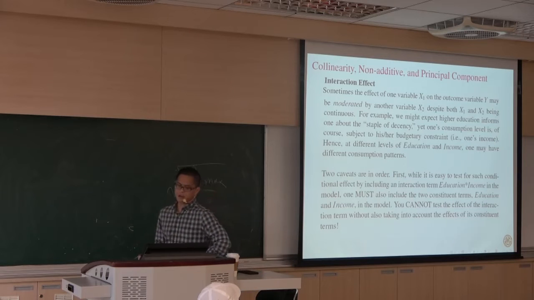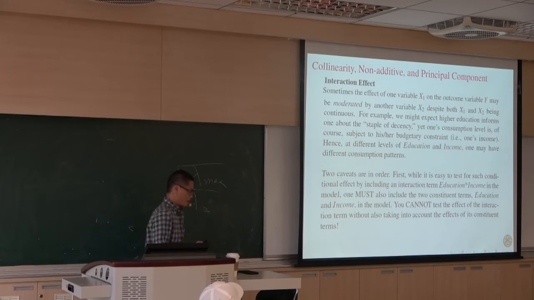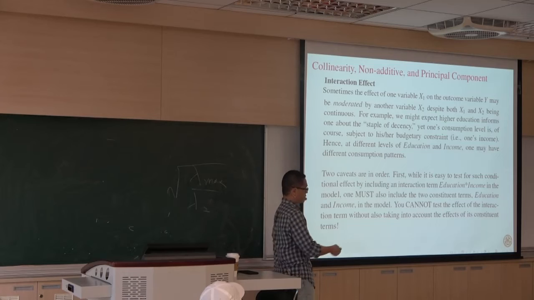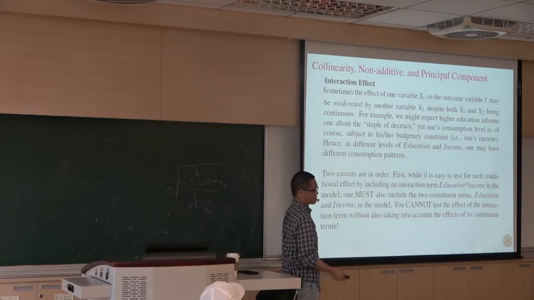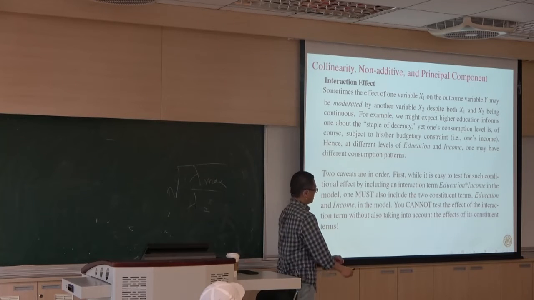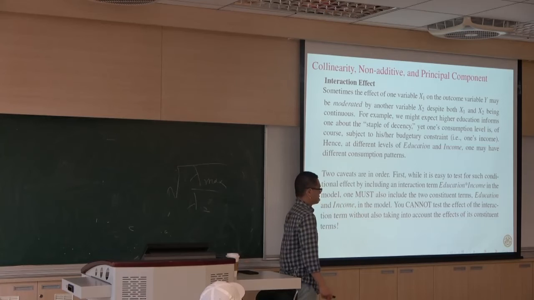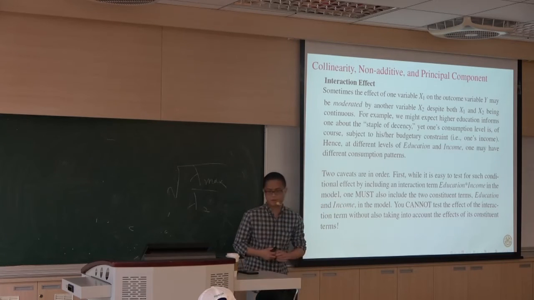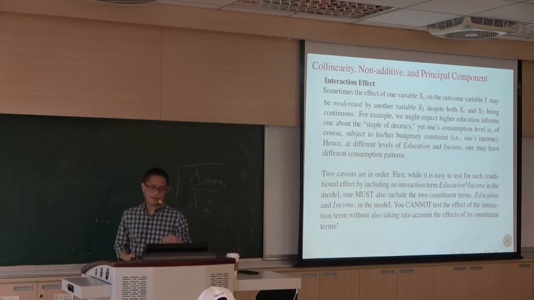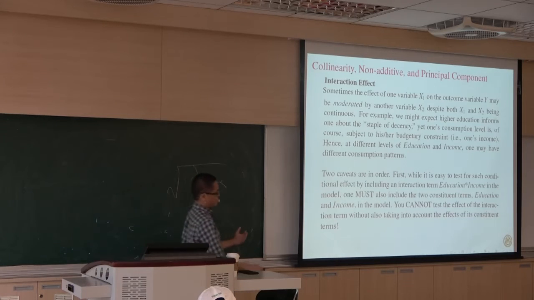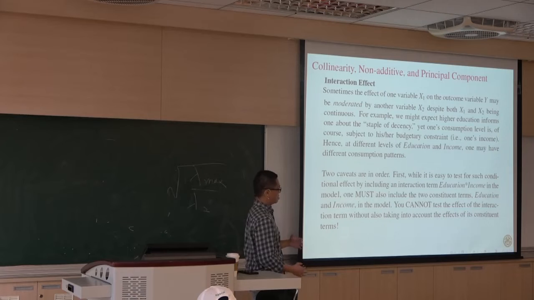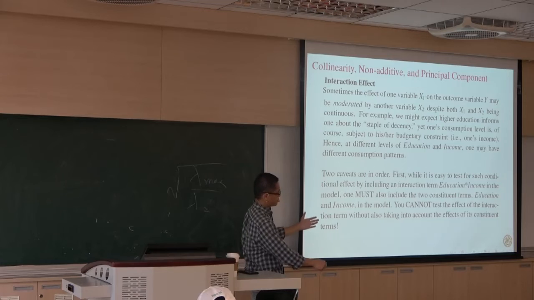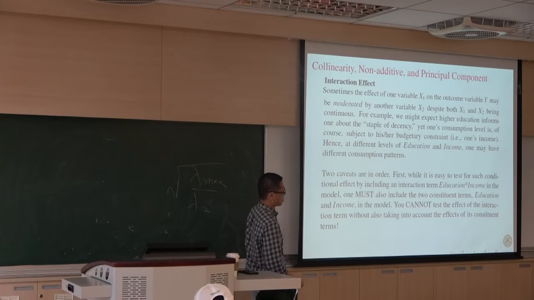So we said, all right, why don't I just create an interaction by multiplying income by education, and that would be it, right? And then I just put this in the model. Well, there are a couple of caveats. Of course, it's easy to just generate an interaction term, but it's mandatory to also include the constituent terms, I mean, education and income.